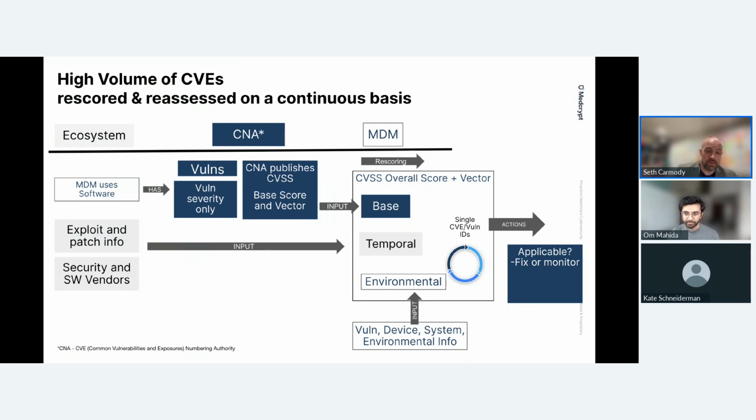Right now we have some significant constraints. We synthesize all this information together through a methodology to arrive at actions. Actions, roughly speaking, if the vulnerability is applicable, are to fix or monitor, right? And even when you fix, you kind of have to monitor, because fixing could take a year, depending on the level of risk determined in the patch cycle that is used. And it changes. It could go from a fix in a regular cadence to a fix in an emergency cadence. So there's this continuous nature.